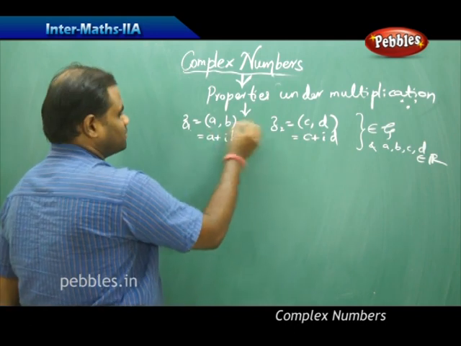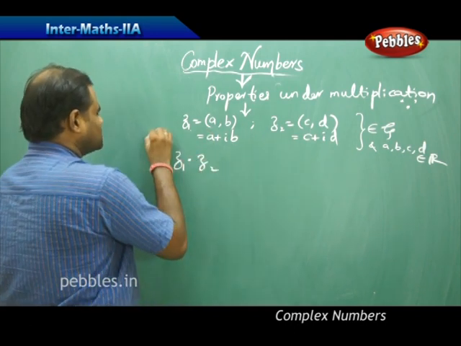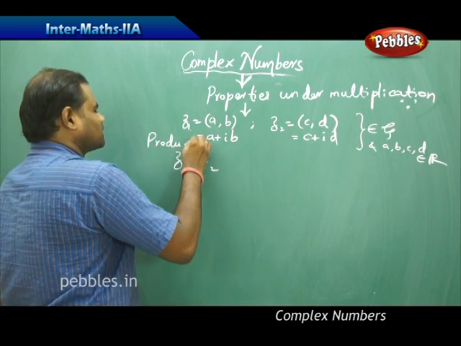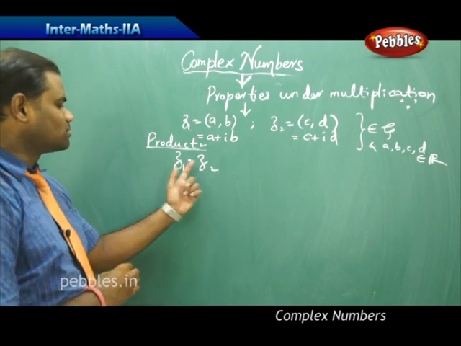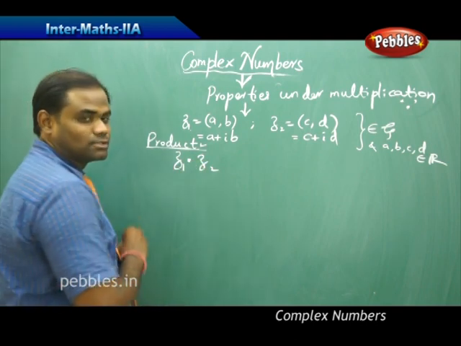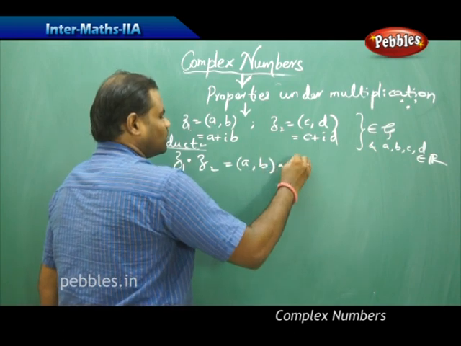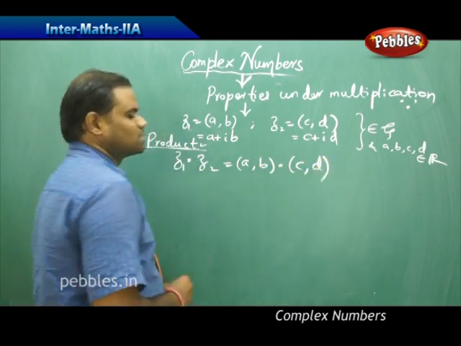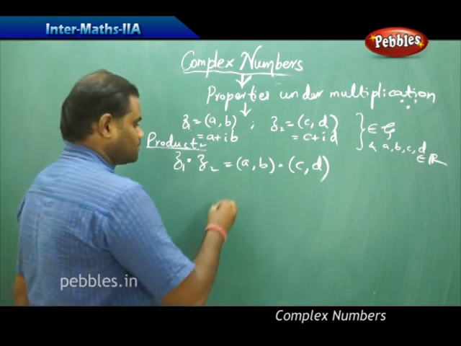Now that we have z1 and z2, I want to find the multiplication of z1 and z2 as the product. So when I take the product z1 times z2, the multiplication denoted with this, it is clearly (a, b) dot (c, d).